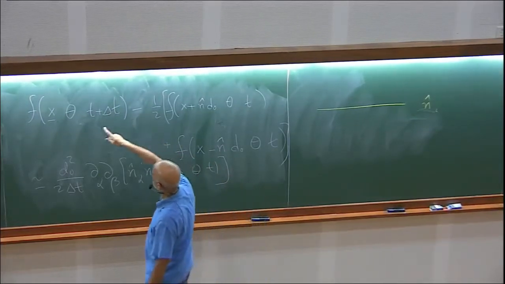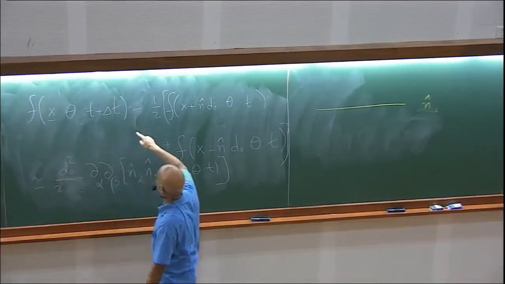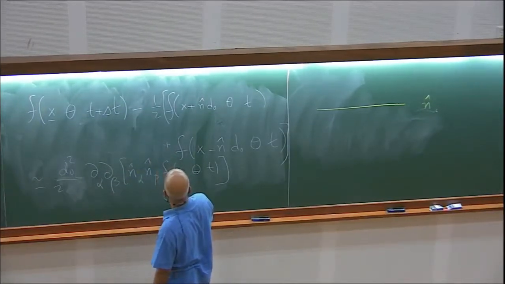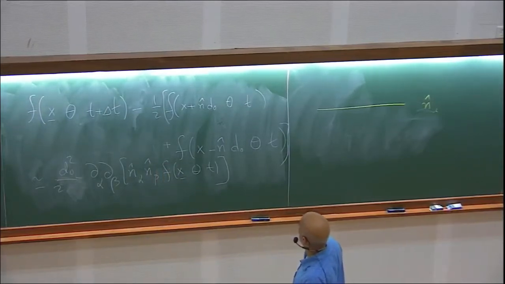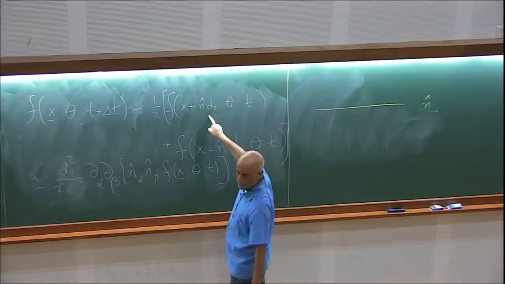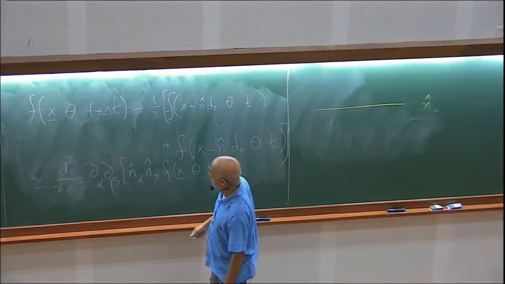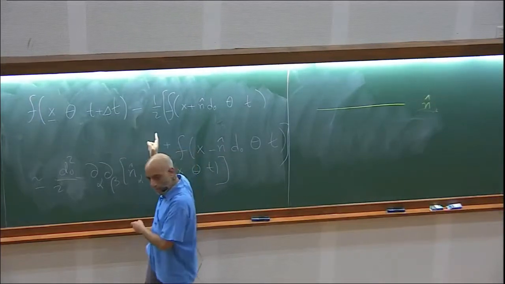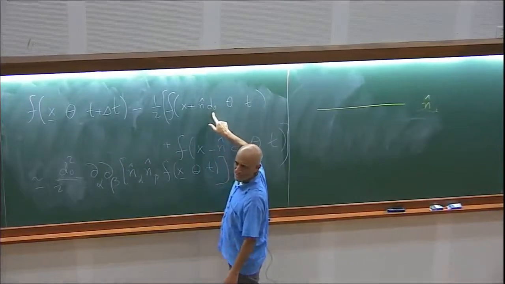No, I don't need a dt because I haven't yet divided. D0 contains a dt. Eventually when I divide by delta t, this is actually v0 delta t here, right?